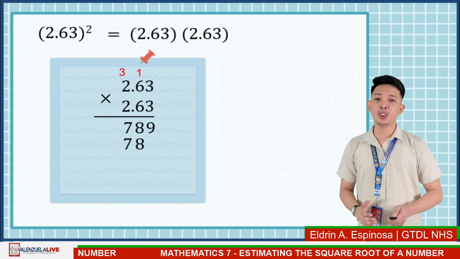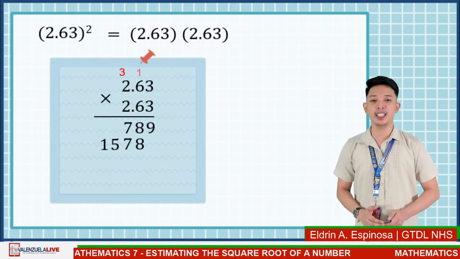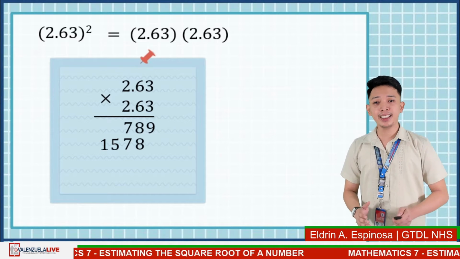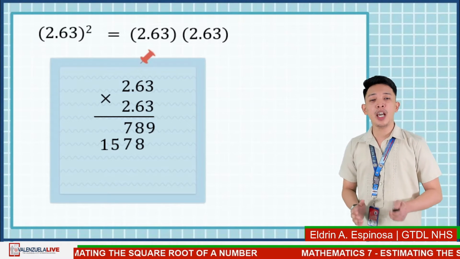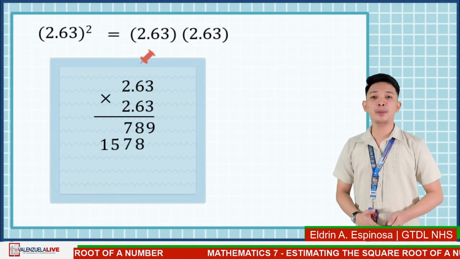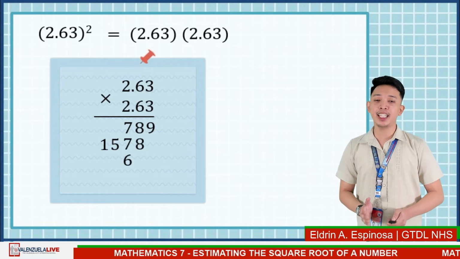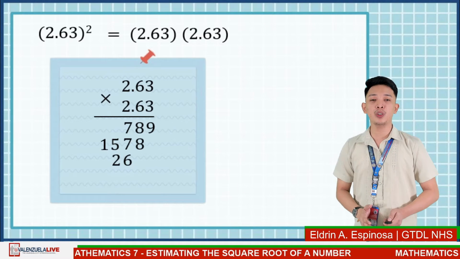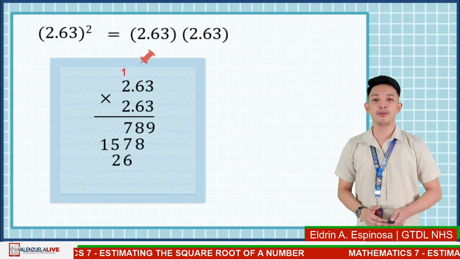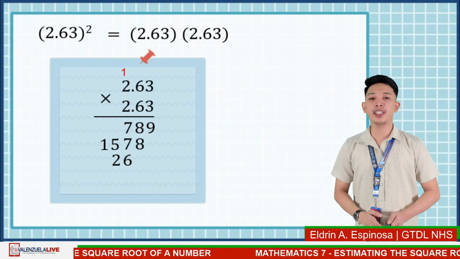Then 6 times 2 is 12, plus 3, we have 15. Next, we're going to multiply 2 by 263. 2 times 3 is 6. Then 2 times 6 is 12. Bring down 2, then carry 1. Then 2 times 2 is 4. Plus 1, we will get 5.